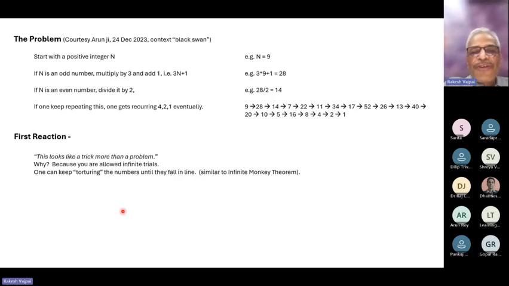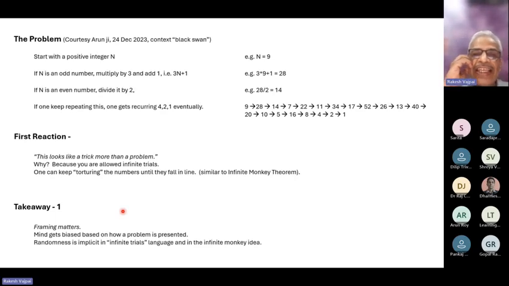This is very similar to what we call the infinite monkey problem: if you give infinite time to a monkey, it might eventually end up creating the works of Shakespeare. So this was my first reaction.